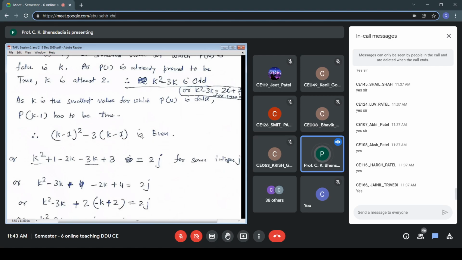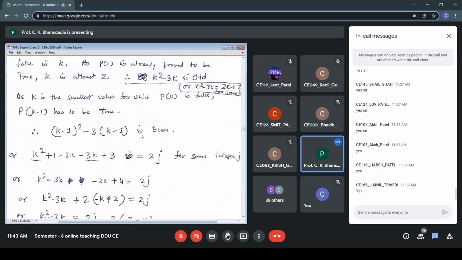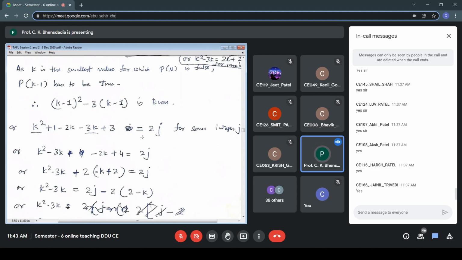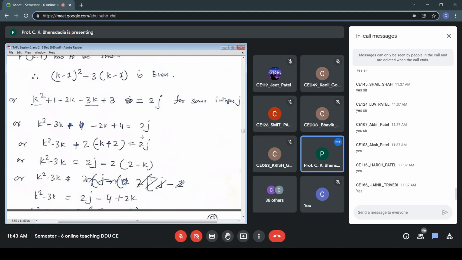So k square minus 3k, taking 2 common, we have 2 minus k, that is equal to 2j. So k square minus 3k is equal to 2j minus twice (2 minus k). Expanding that further, if we take 2 common, we get j minus 2 plus k.